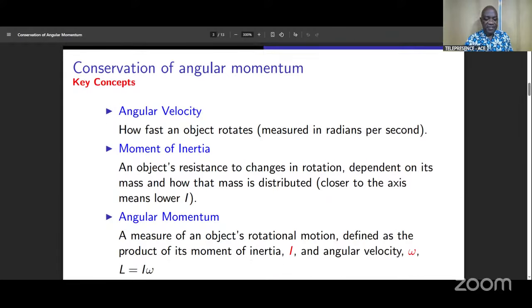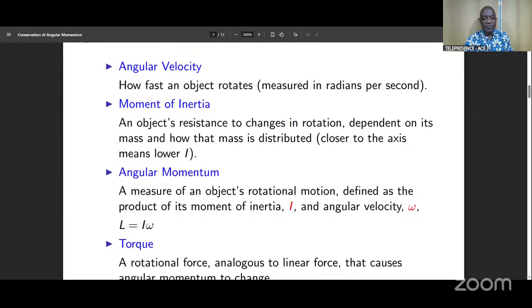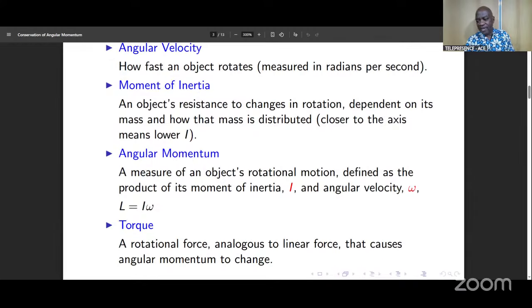Then we have the angular momentum, which, as we have seen many times, is the product of the moment of inertia and the angular frequency. Then finally, we have the torque, which is the rotational force, the moment of the force, analogous to linear force, that causes angular momentum to change.